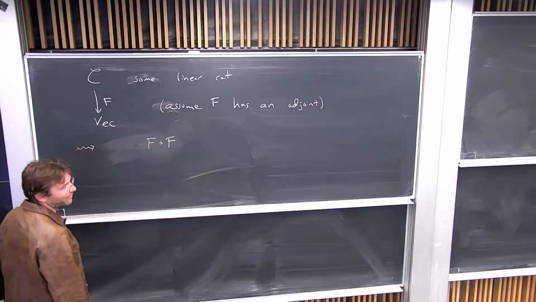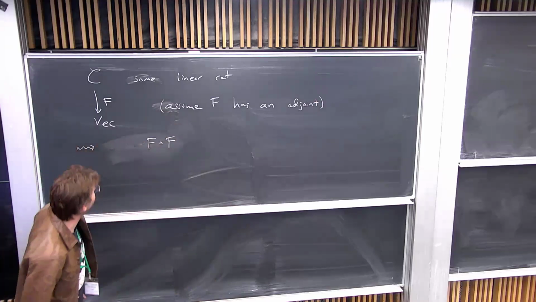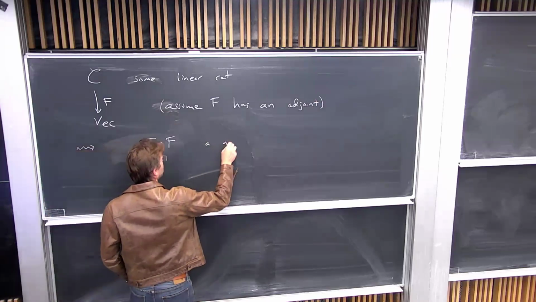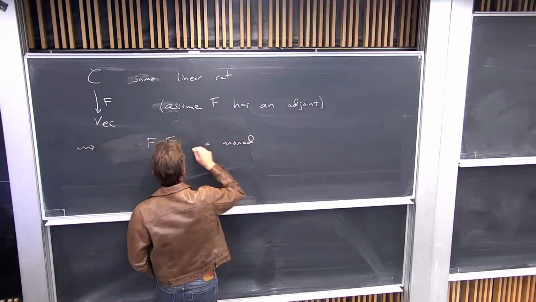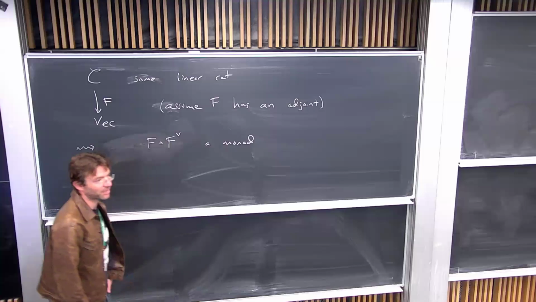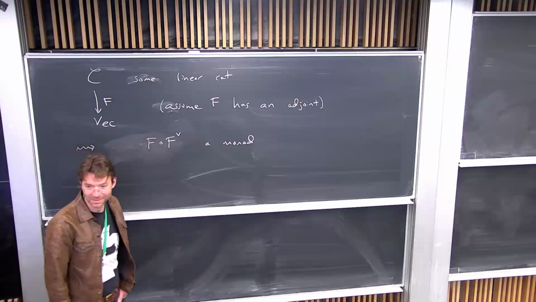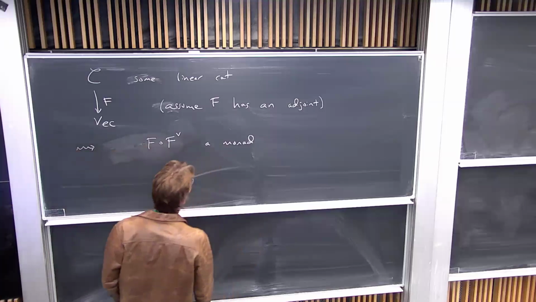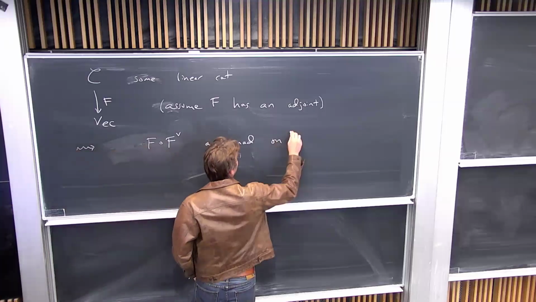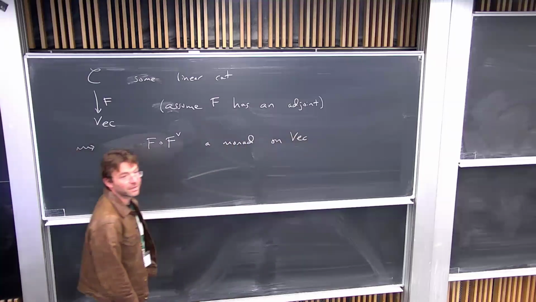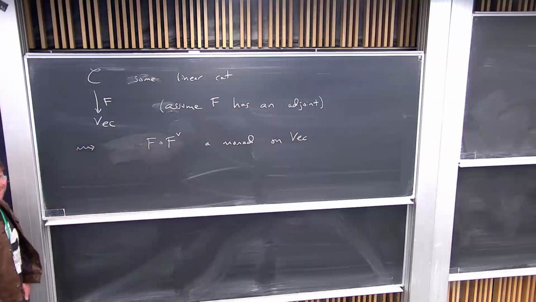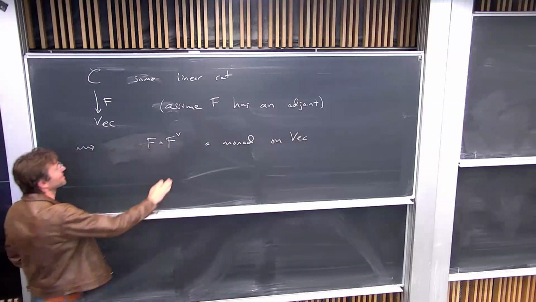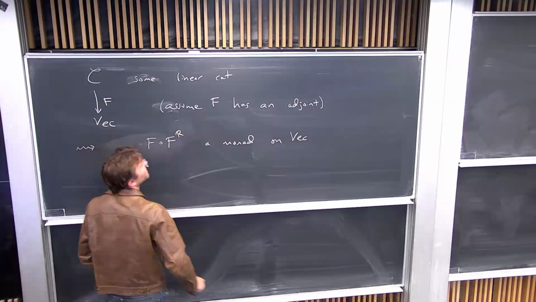And if I get left to right correct, then this will be an algebra, a monad. This should be the adjoint of F, and maybe I'll just put a check because I can't tell if it's the left or the right adjoint. If anyone can do it in real time, that would be great, and I will correct this. This would be a monad on Vec. Monads on Vec are just the same thing as algebras, yes? I think it should be a right adjoint. Perfect, okay. So F has a right adjoint.